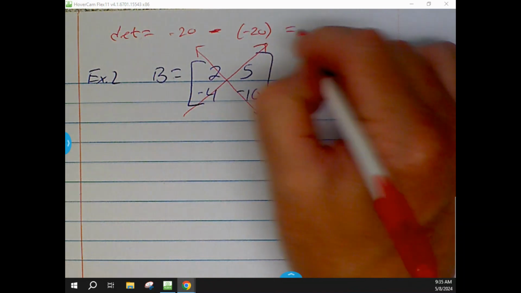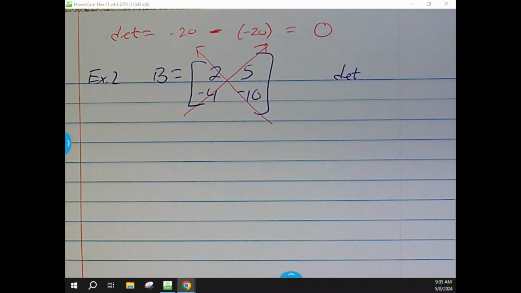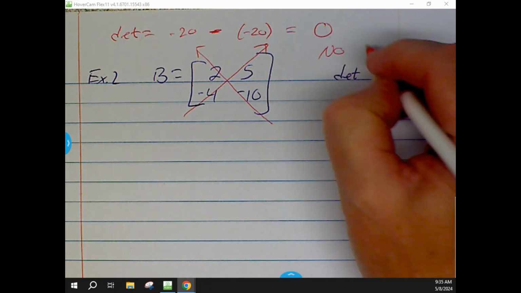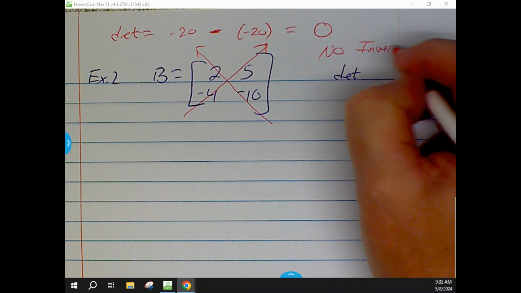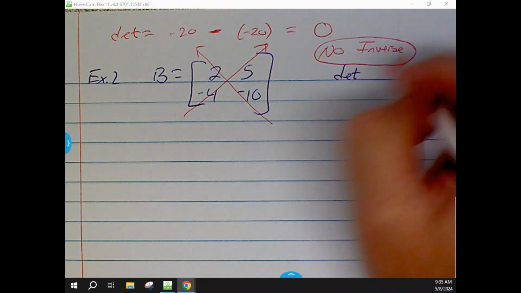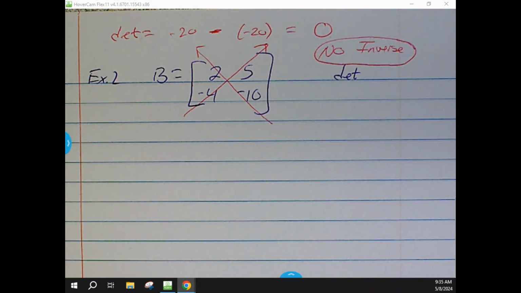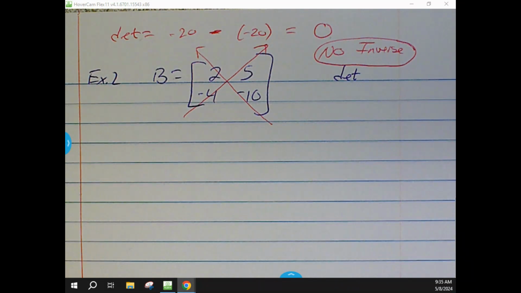So we get 0. In that case, the determinant is 0, right? And if the determinant equals 0, there's no inverse. So if you get 0, it's just that easy because there is no inverse you can get from that one.